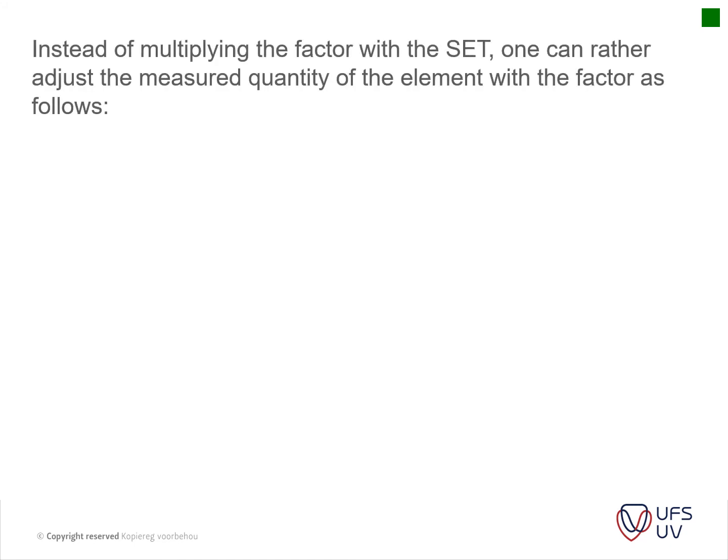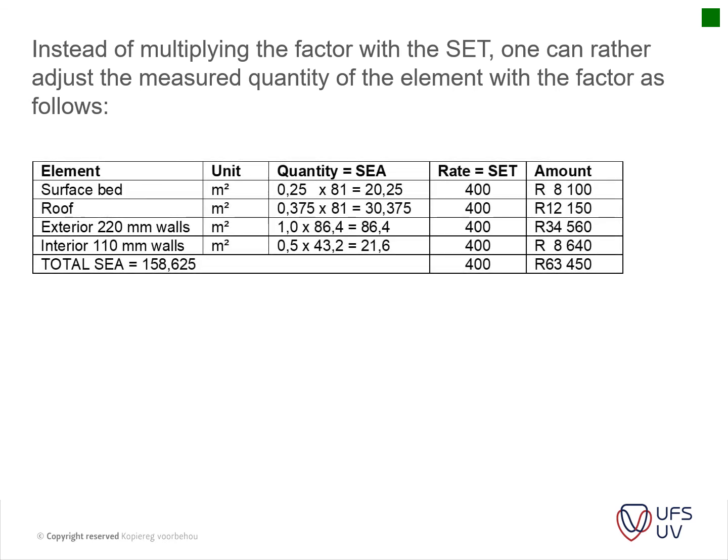Thus, instead of multiplying the factor with the tariff, one can rather adjust the measured quantity of the element with the factor, as follows. So it's the same table again. We've got our areas that we worked out in our first example, and we've got our factors.